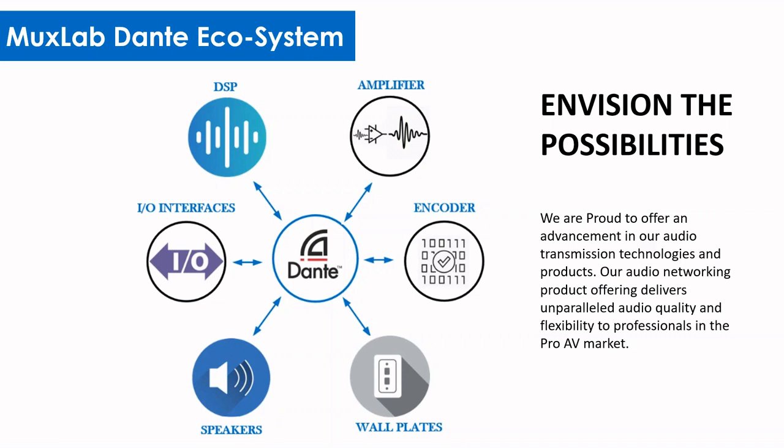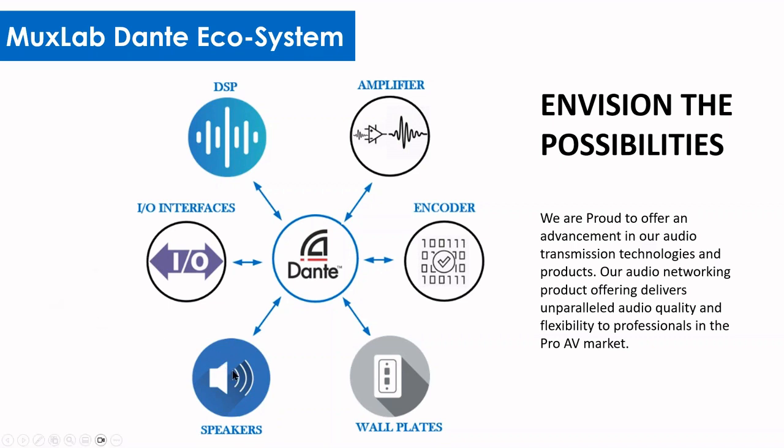In the case of Dante, we have encoders that will allow you to take the audio signal and turn it into a network signal capable of communicating with Dante devices. We also have input-output interfaces that will allow you to bring the signal into the network or extract the signal from the network.